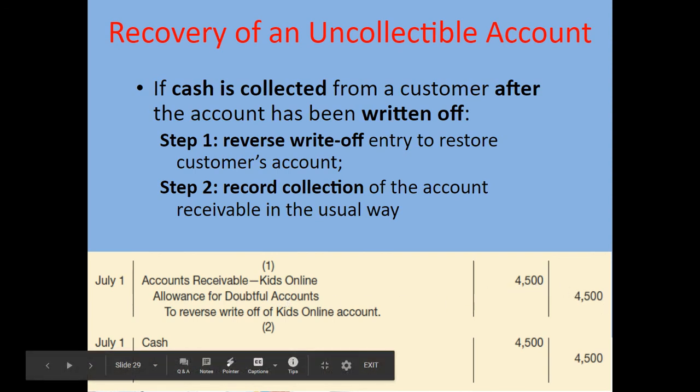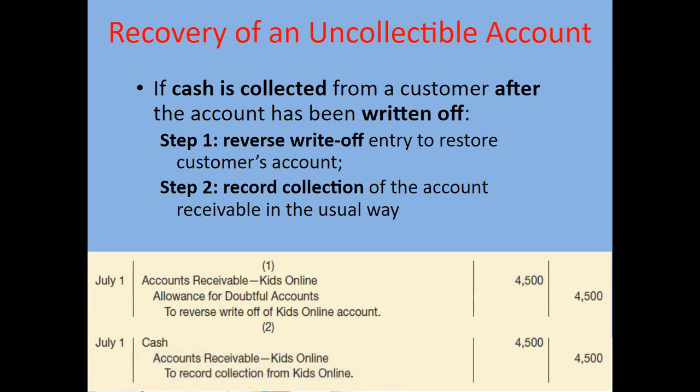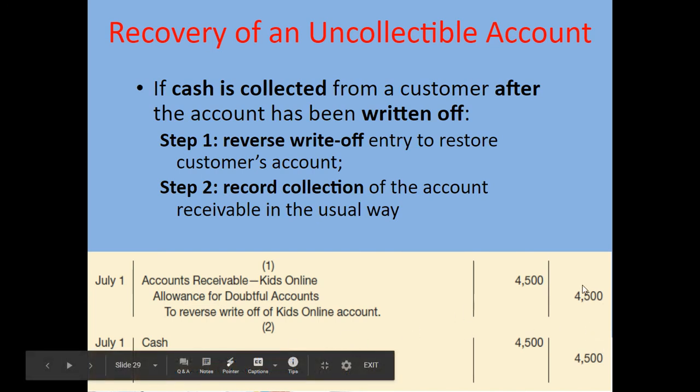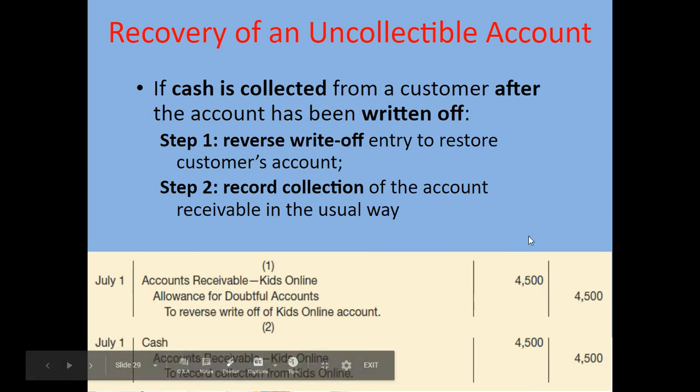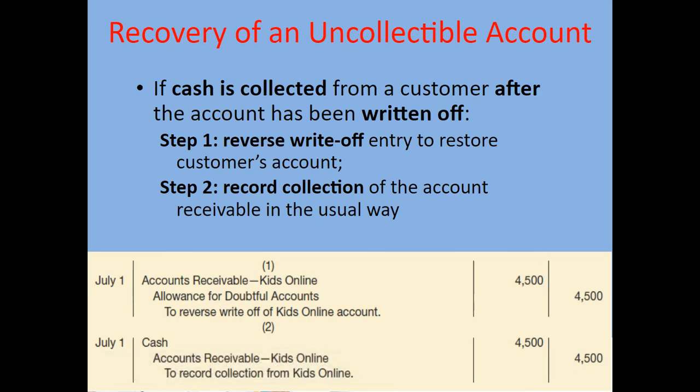Remember, I took it out because I assumed that that was part of the amount I wouldn't collect. Turns out it isn't, but there is still an amount that I won't collect, so I have to put that back in. And then I simply record the cash and the accounts receivable appropriately. So you're actually putting it back into the account and then getting rid of the accounts receivable, but you have to do this in 2 steps.